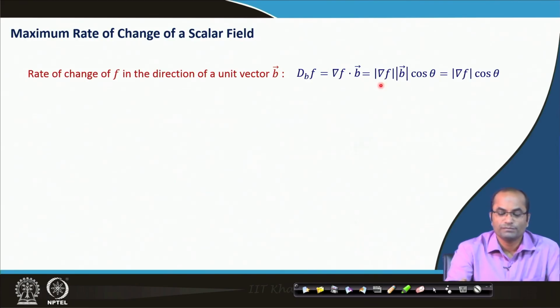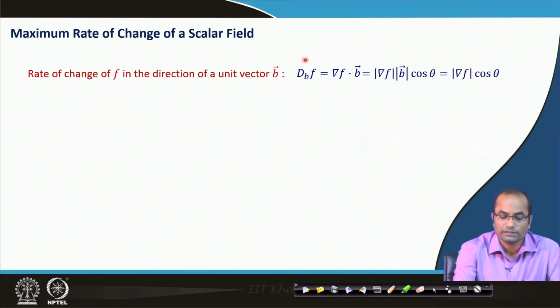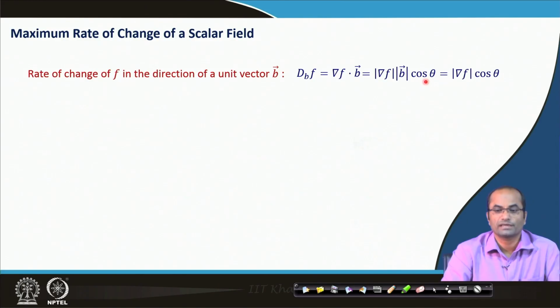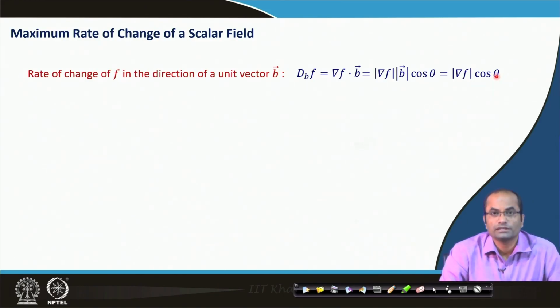The magnitude of b is 1 because we take a unit vector, so the directional derivative is given by magnitude of del f multiplied by cos theta.